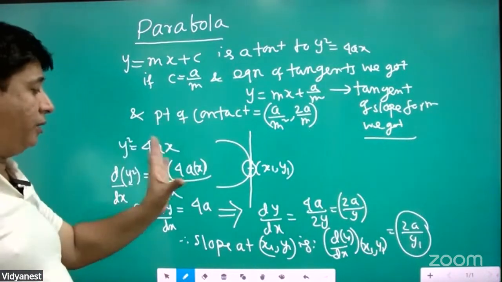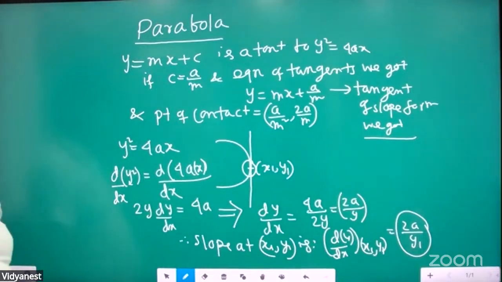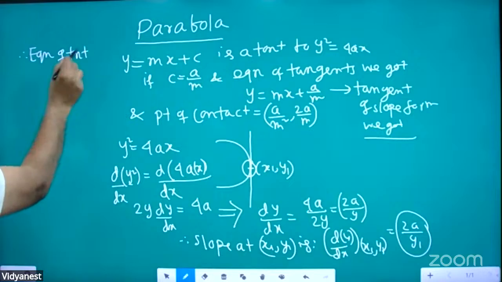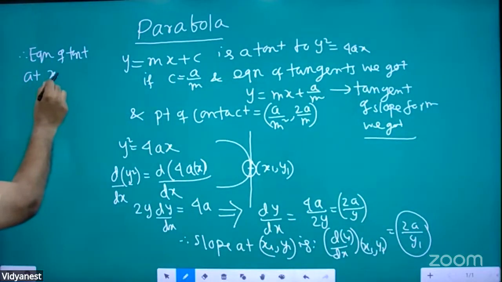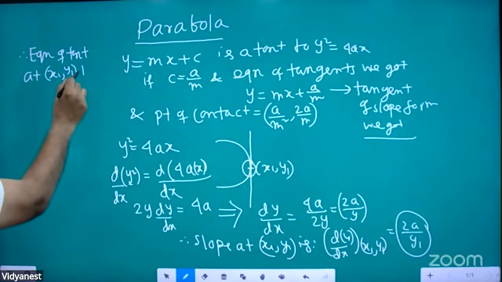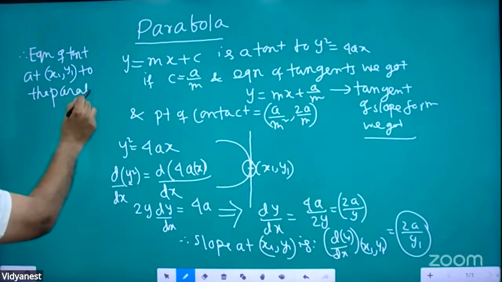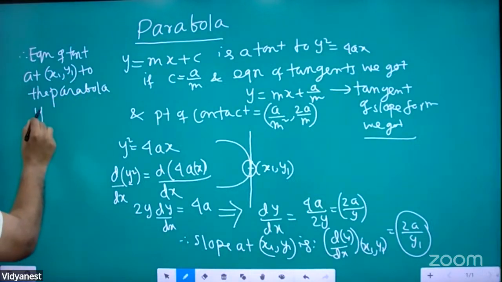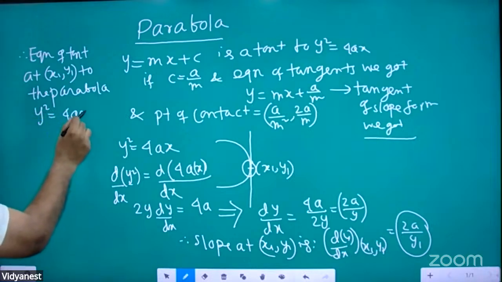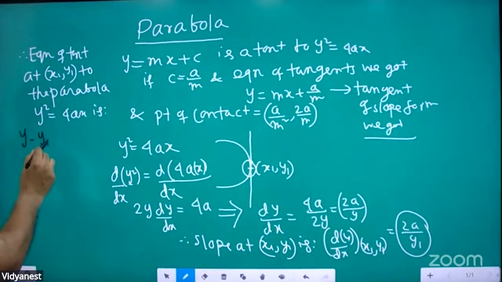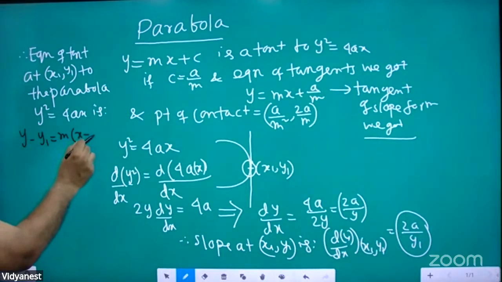Now the tangent is also a straight line. So the equation of the tangent at (x1, y1) to the parabola y² = 4ax is y - y1 = m(x - x1).